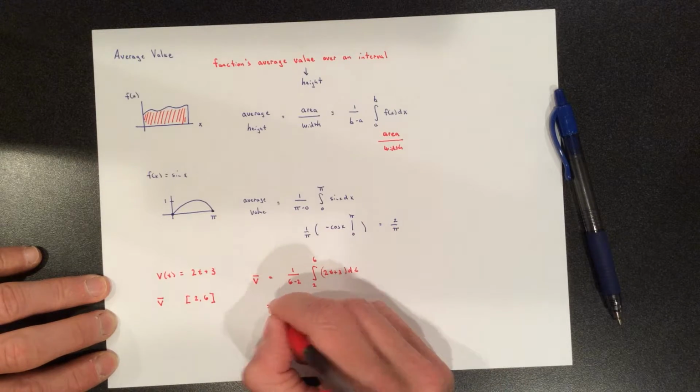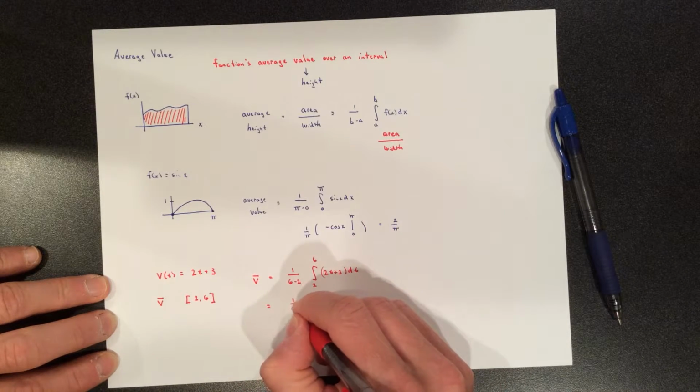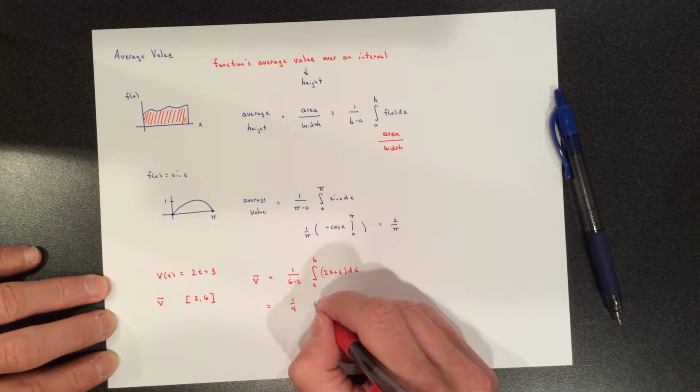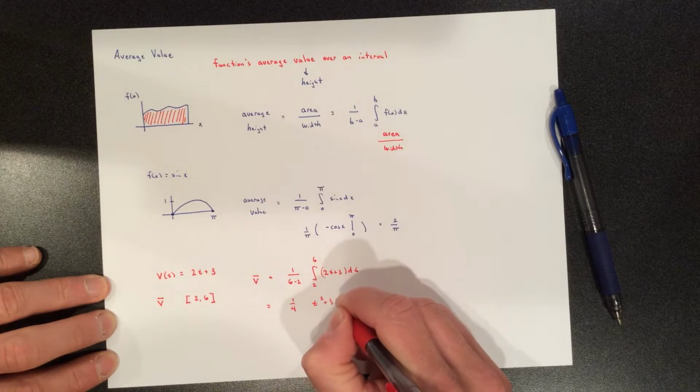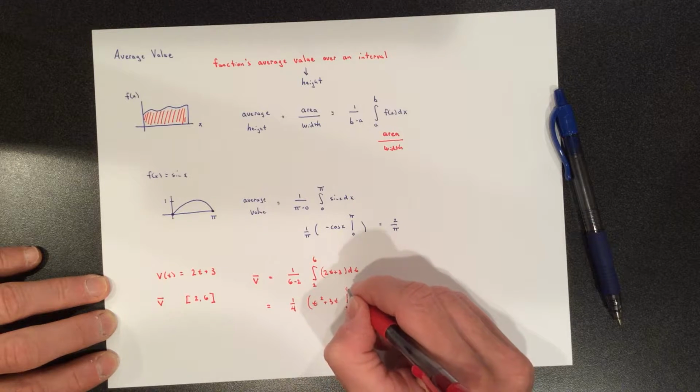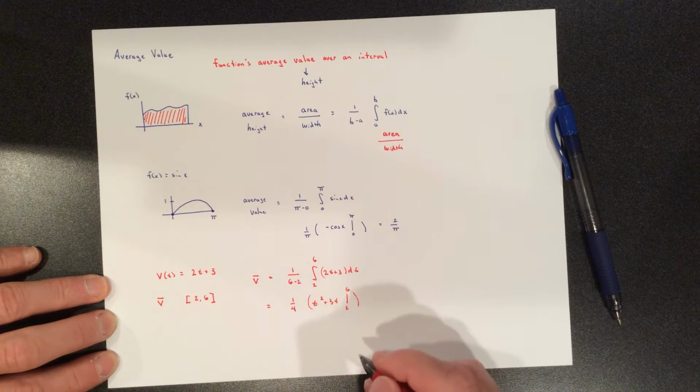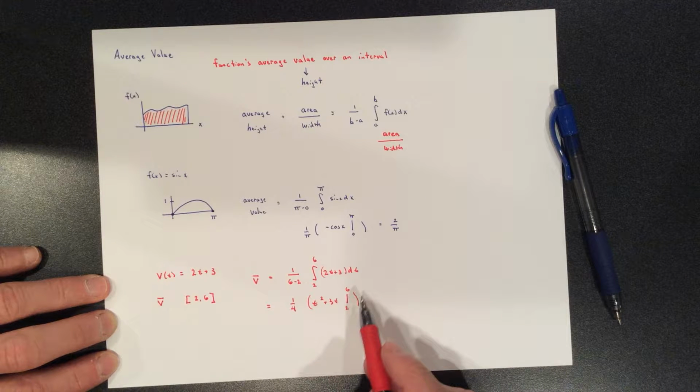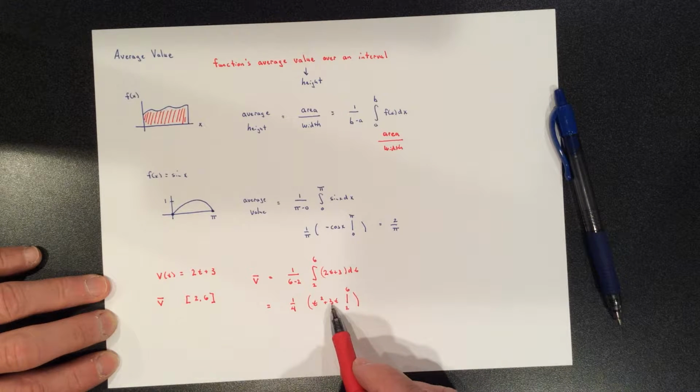Okay, so that's just 1 over 4. And then the integral there is going to be t squared plus 3t. Evaluate that from 2 to 6. Okay, so if I plug in 6, I'm going to get 6 squared plus 3 times 6.